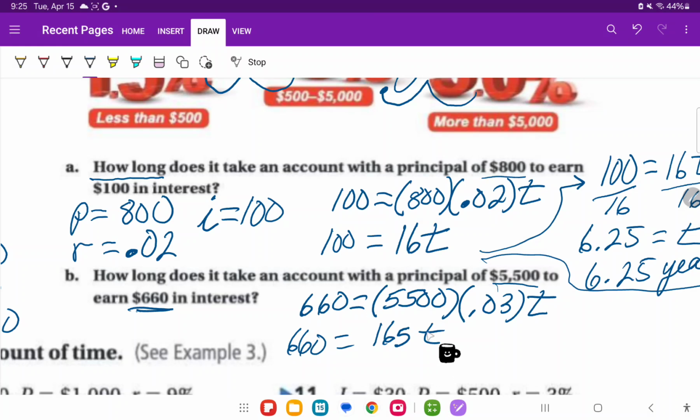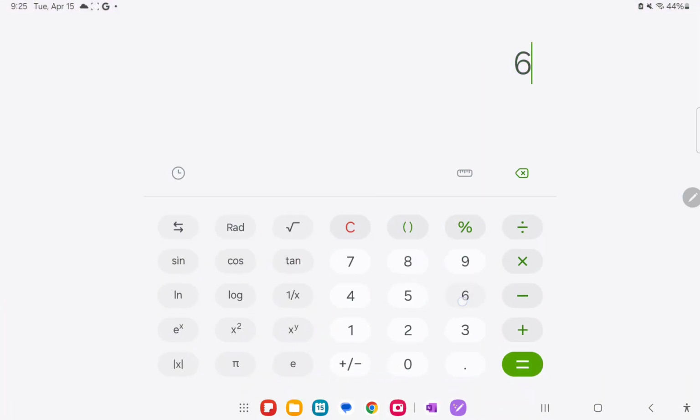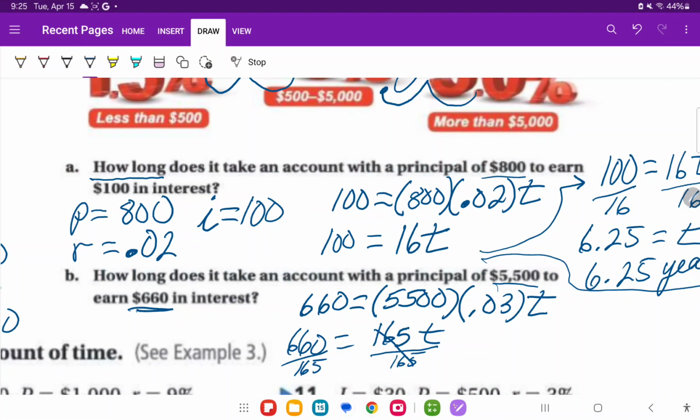So then I will need to get t all alone. So I'll divide by 165. So 660 divided by 165 equals exactly 4. So the time then would equal 4 years.